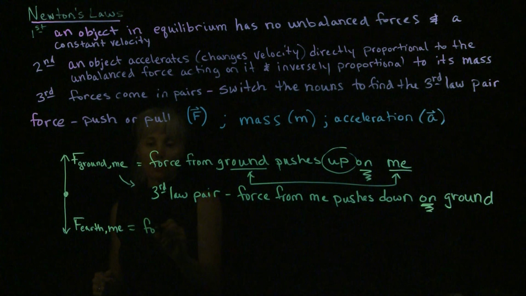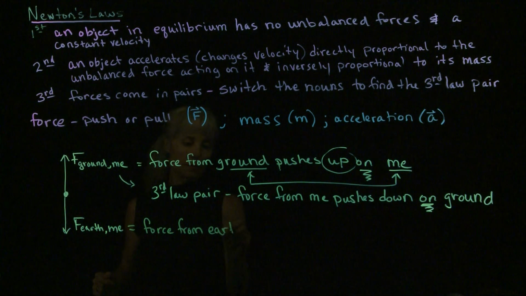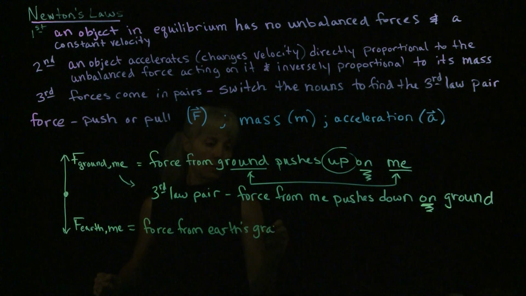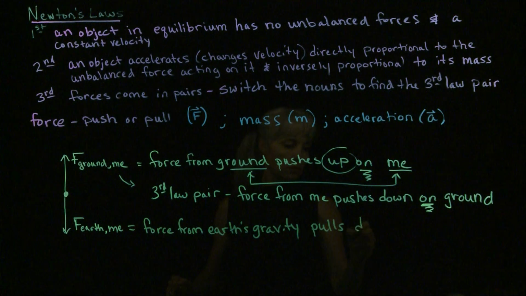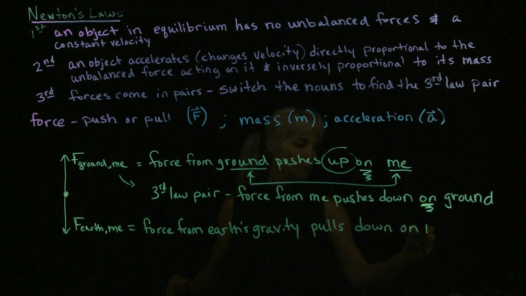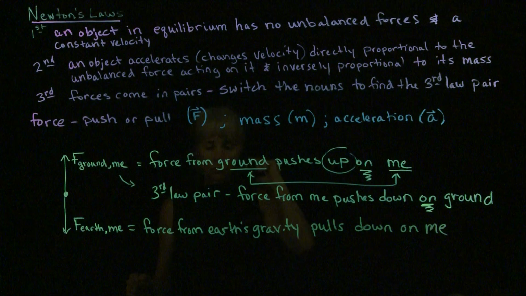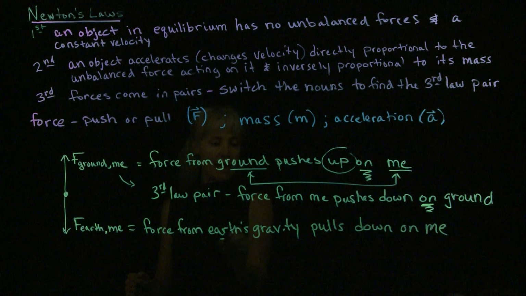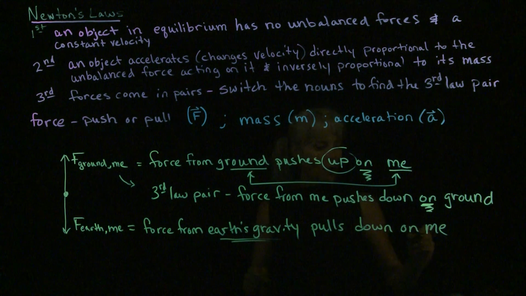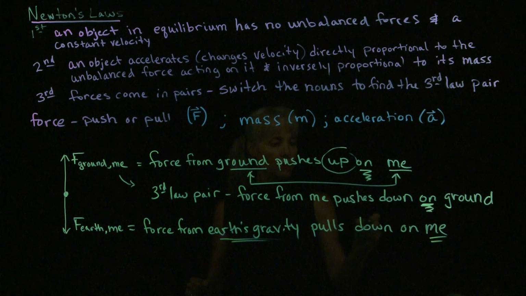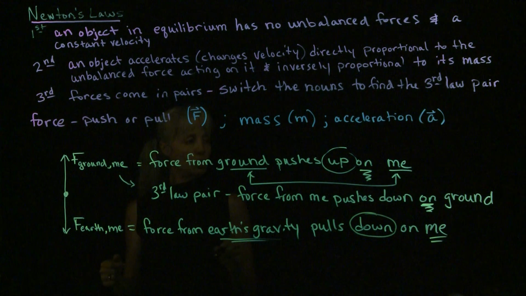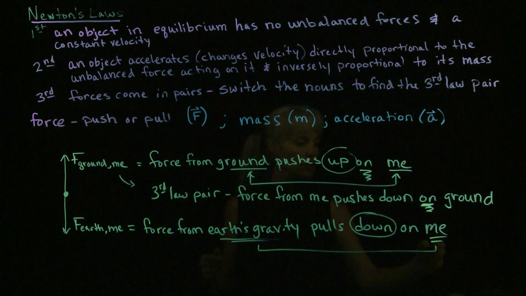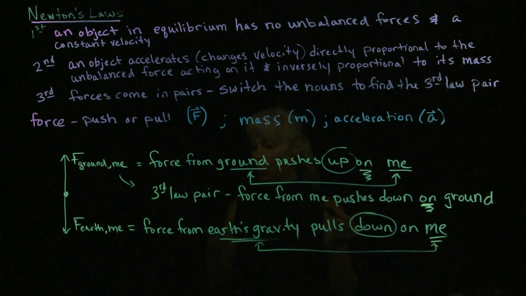Okay, what about this force? This force is force from Earth's gravity pulls down on me. So the nouns are Earth's gravity and me, and then the direction is down. So what is the Newton's third law pair? Well, I take these two nouns and switch them.